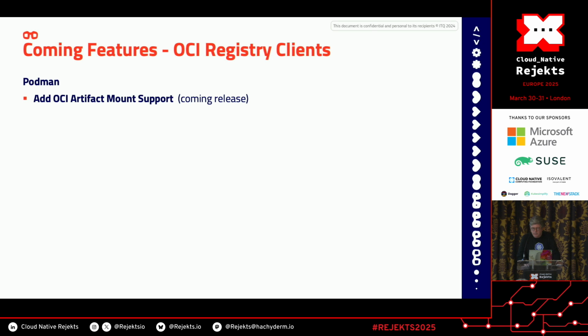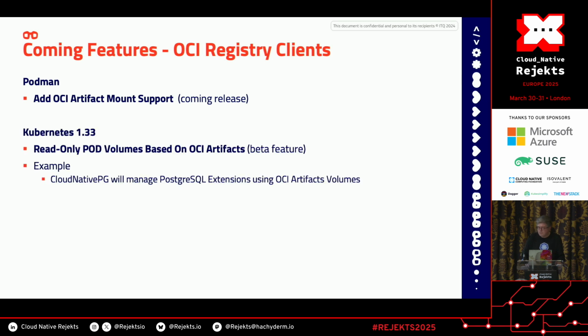First, Podman will implement in the next version the possibility to mount whatever OCI artifact as a volume. And Kubernetes version 1.33, the next one that will pop up, will as well, in beta, do the same, as a read-only image coming from the OCI registry to mount as a read-only volume on the pod.